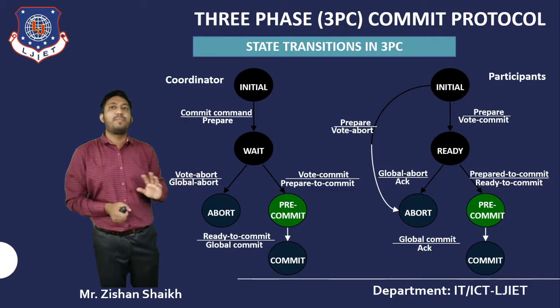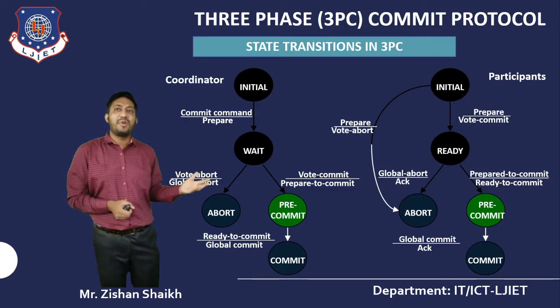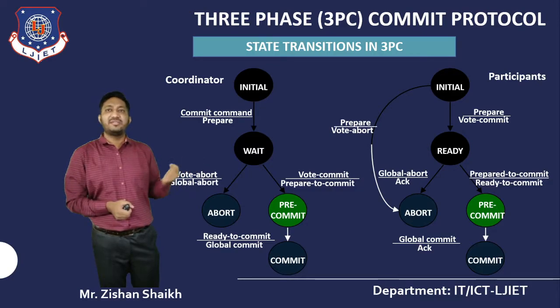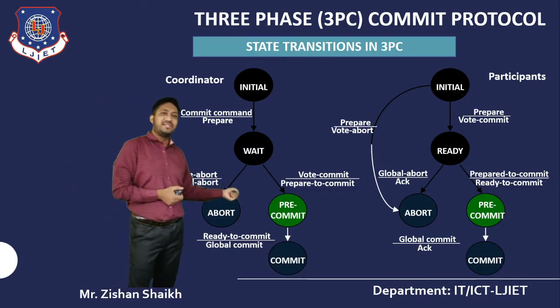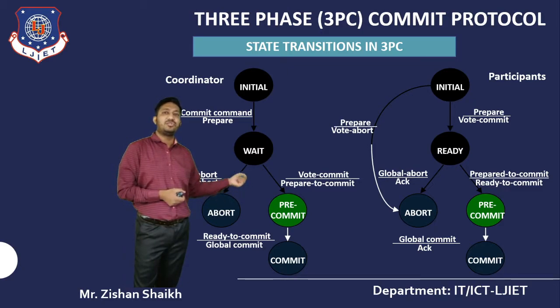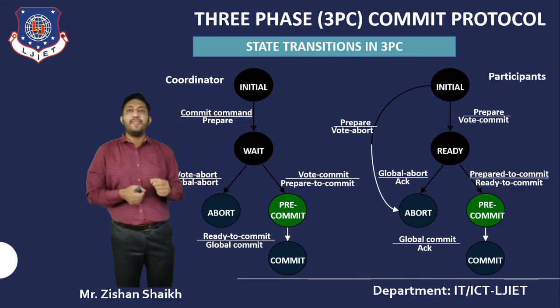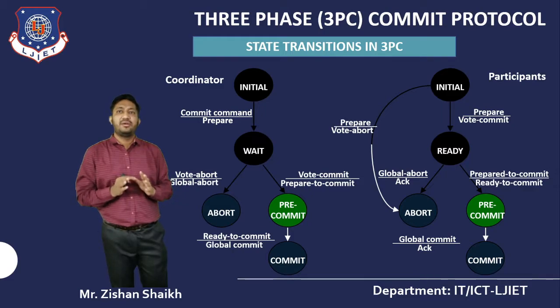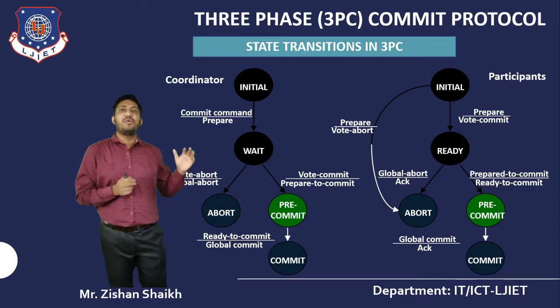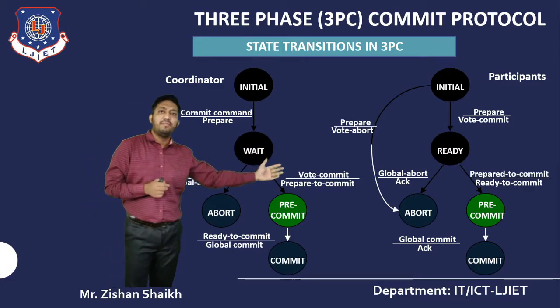Till now we are not processing the operations, we are just transferring the messages for the positive acknowledgement. So when the coordinator is sending the prepare to commit message to all the participants, after receiving this message, our participants are assured that in future the coordinator is working with me.